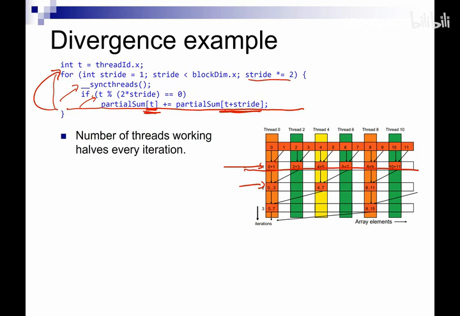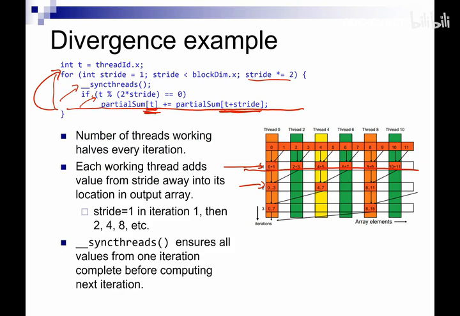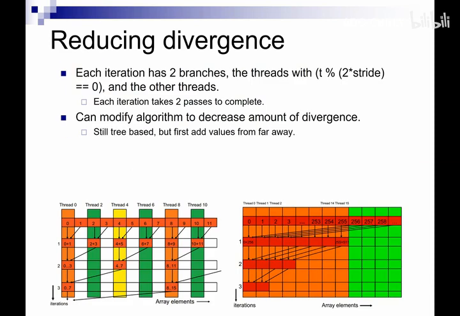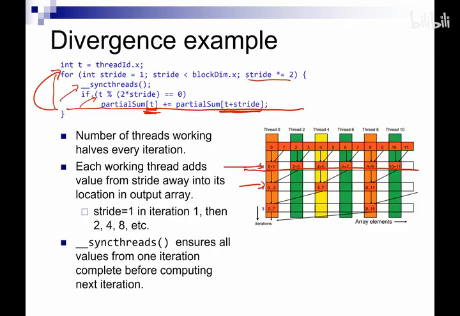All right, so this is just explaining what the algorithm does. Now I claim that this algorithm actually has warp divergence, and the reason is this if statement over here. This if statement splits the threads up into two types.